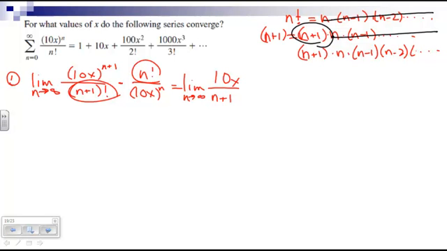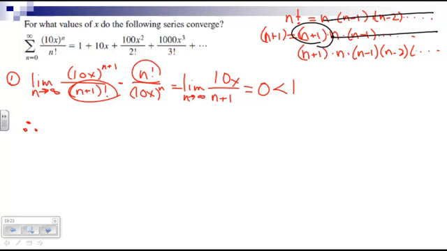What happens to 10x as n plus 1 gets really big? Goes to 0? No matter what value I choose for x, 0 is always less than 1, hey, we got lucky.